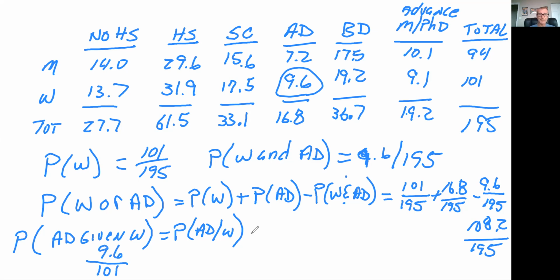How do we do it mathematically? It'd be the probability of AD and woman divided by the probability of a woman.